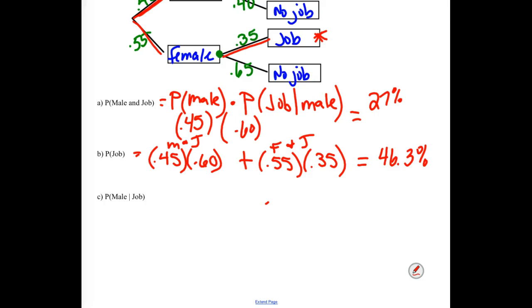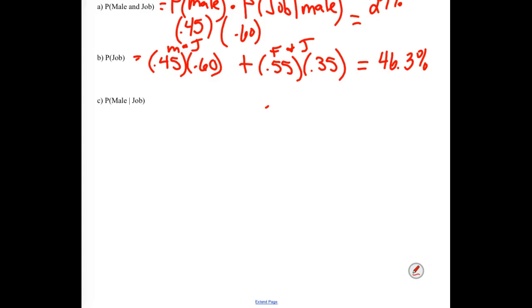Okay. Part C is asking for the probability that the person is male given that they have a job. Correct? So we're kind of working backwards. I want you to write it out based on the formula that we've had. Remember, it's always probability of B given that A has already occurred. In other words, given that we already know they have a job, what is the probability they are male? Okay?